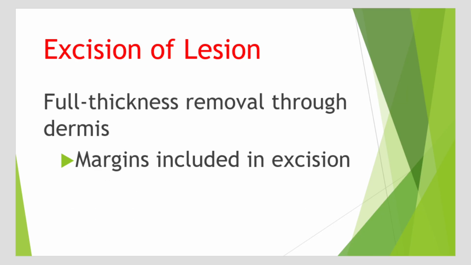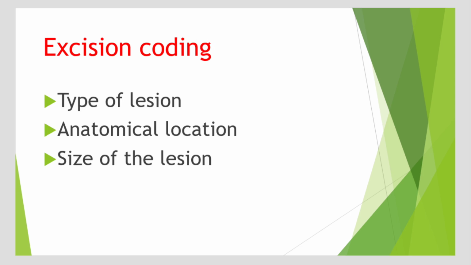Next, we'll see the definition of excision. So, what is excision? According to CPT guidelines, excision is defined as full thickness removal of a lesion through the dermis, including margins.